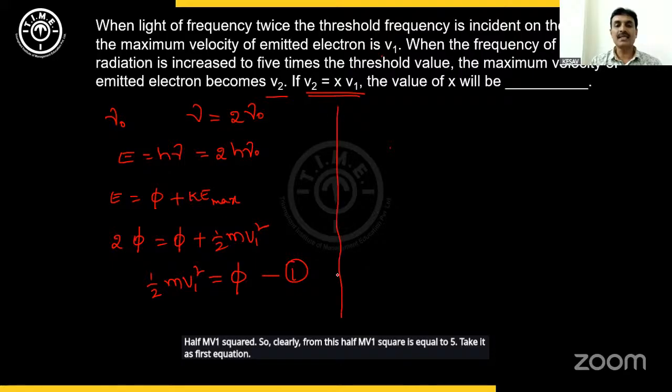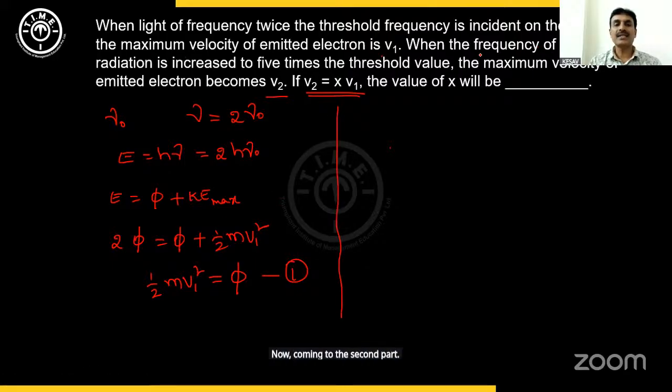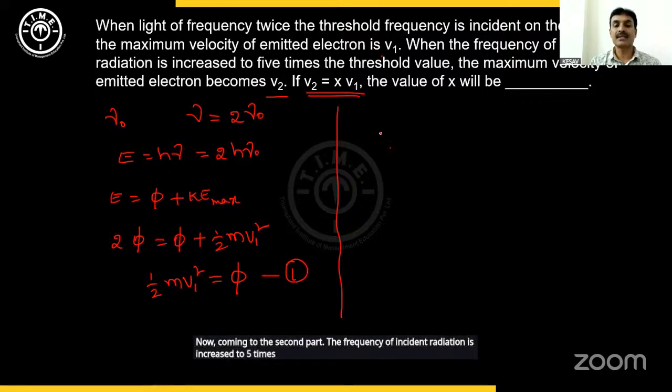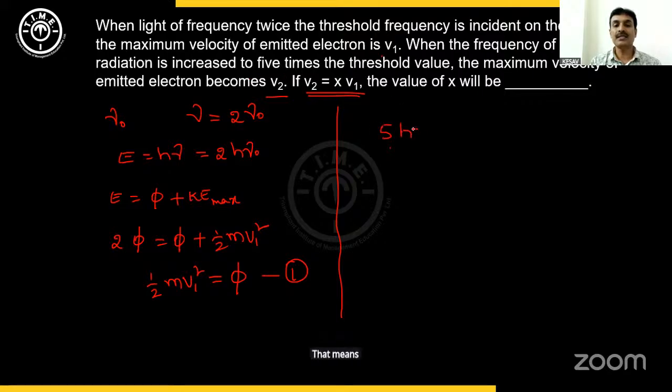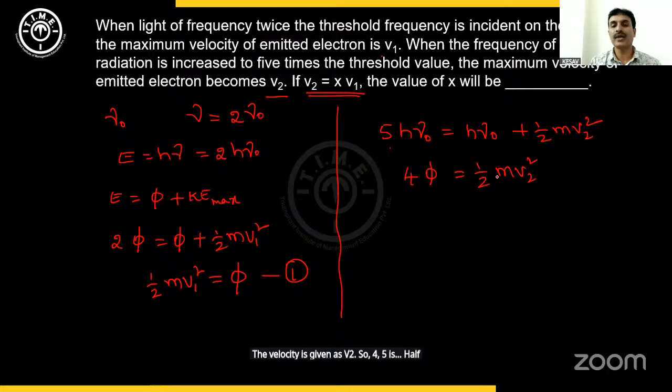Now coming to the second part, the frequency of incident radiation is increased to 5 times. That means 5h nu naught is equal to h nu naught plus half m v2 square in this case. The velocity is given as v2. So 4 phi is half m v2 square. H nu naught is phi. 5 phi minus phi, that is 4 phi. This is equation number 2.